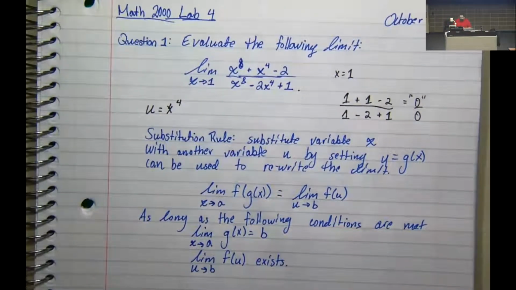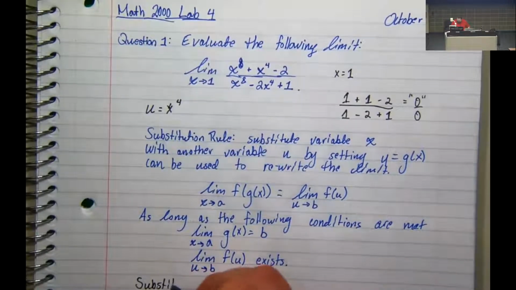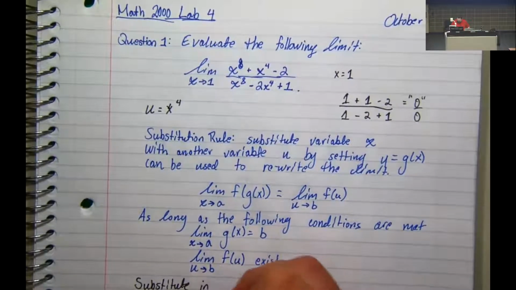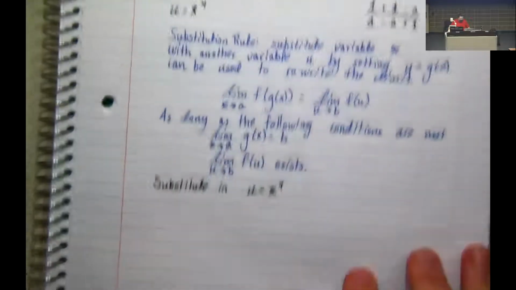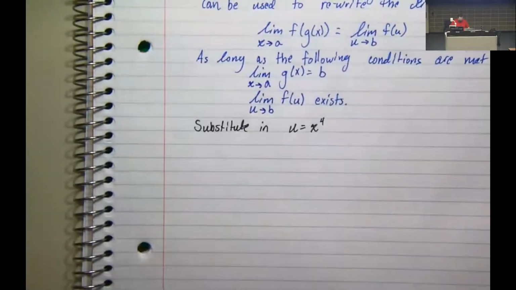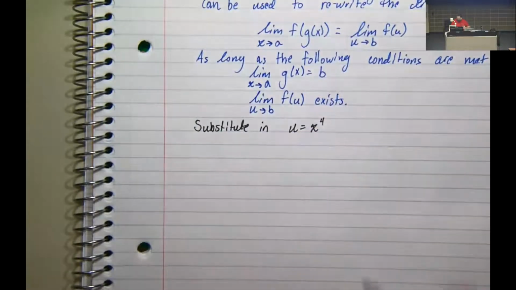Okay. So substitute in u equals x to the power of 4. Okay, so we'll go ahead and do that. Well, first let's compute what b is going to be.